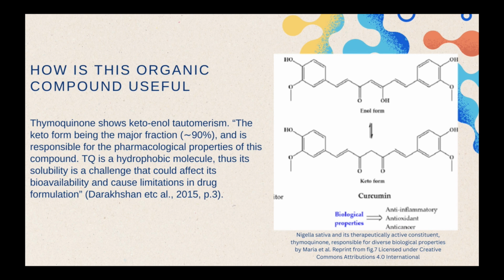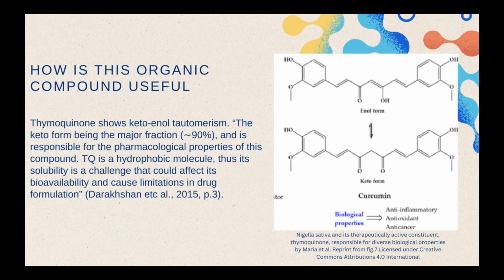Focusing our attention to the middle of the compound, we can see that the enol form has a sigma bond attached to a hydroxyl group, while the bottom, the keto form, has a pi bond attached to an oxygen. This furthers the benefits of thymoquinone because the keto form is what gives it its pharmacological uses.